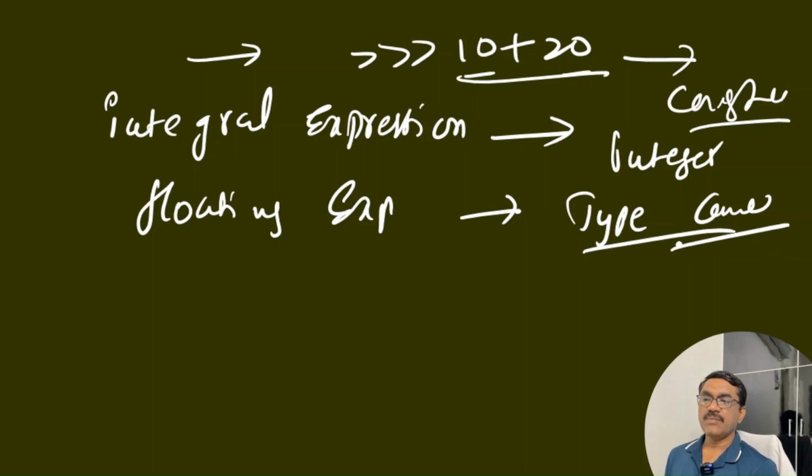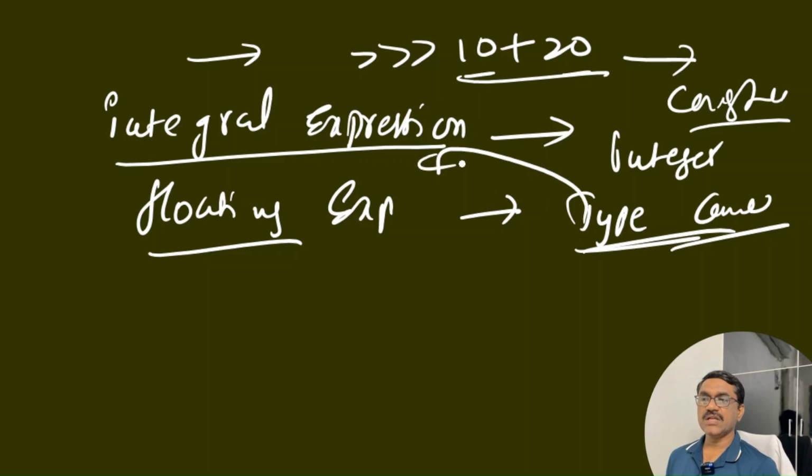That means by using type conversion, we convert an object into a floating point object, perform the operation, and the result we obtain is a floating point result. Similar to this, we use the same type conversion in an integral expression, and finally we get the result in the form of an integer. That is called an integral expression.